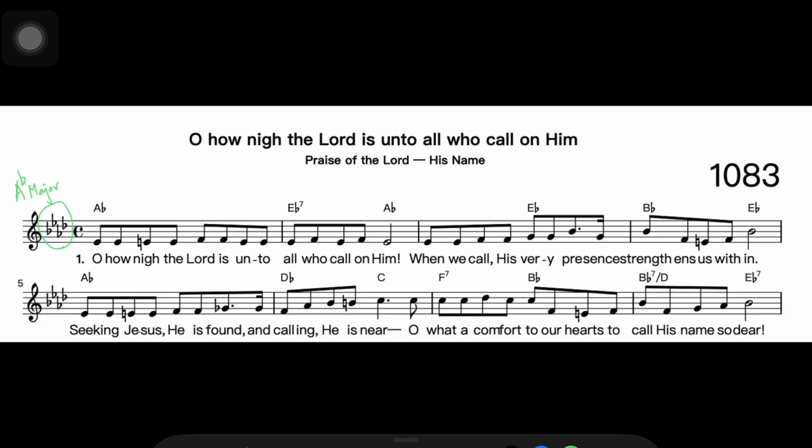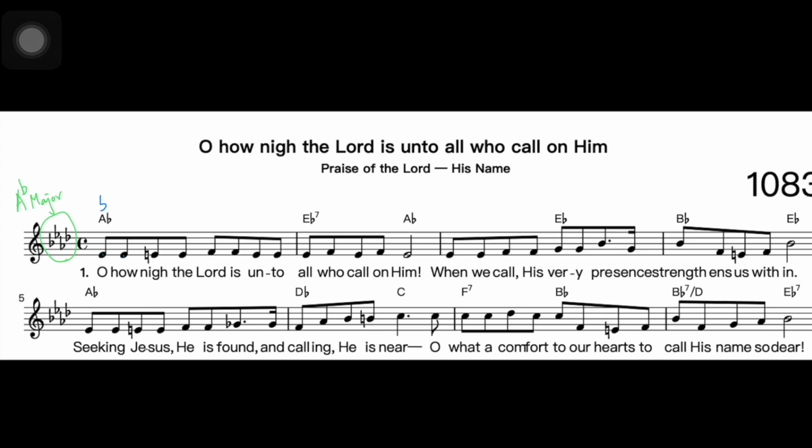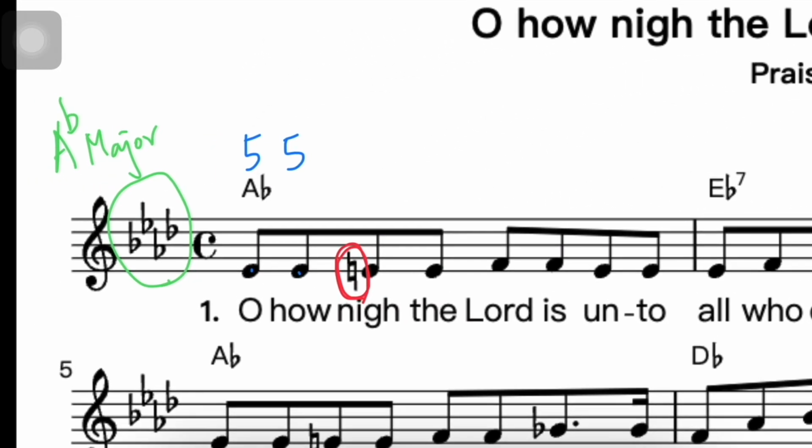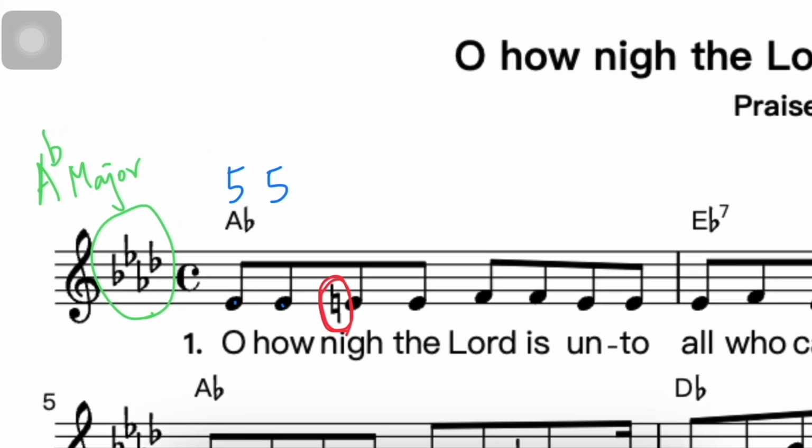And then, what is the next one? Now, the natural sign here, according to the principle or the rule we taught, this one should be what? This one should be E. Okay. Then we can come back to check what happened.